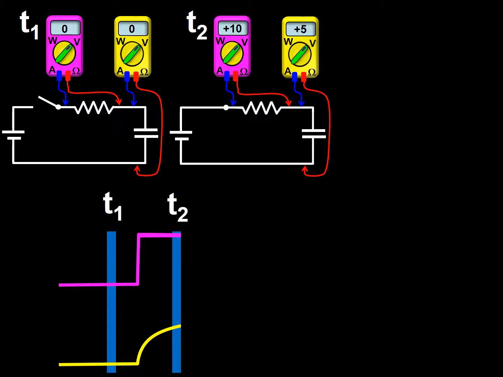We can appreciate the difference in voltage produced by closing the circuit by looking at the line chart below corresponding to T2.